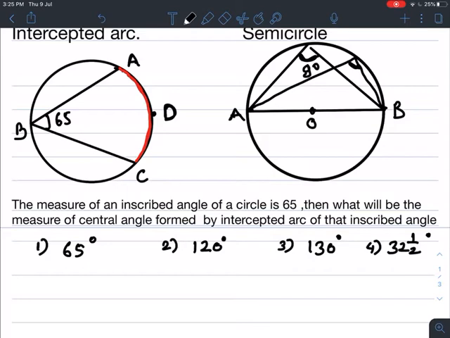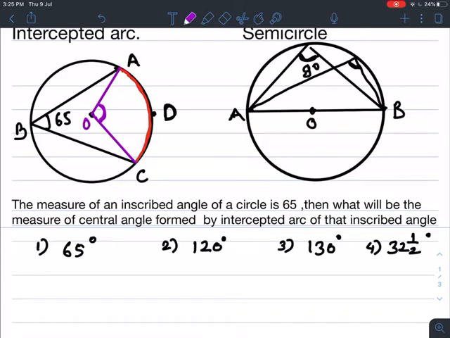So I will draw here the center, and the angle I will draw here is called the central angle. So what is the measure of that central angle? Question is, what is the measure of this angle?